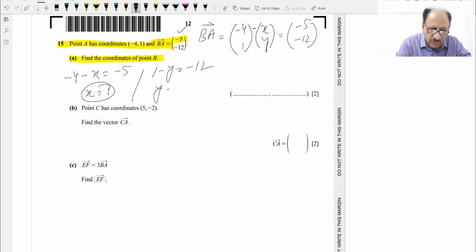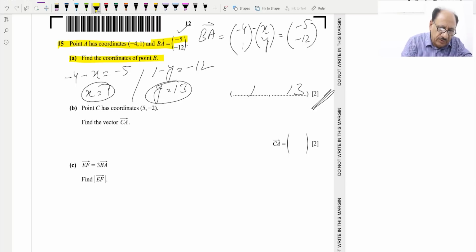So this implies y is equal to 13. Yes, so y is equal to 13. So 1 and 13, this will be our answer for 2 marks. Hopefully you understood this.